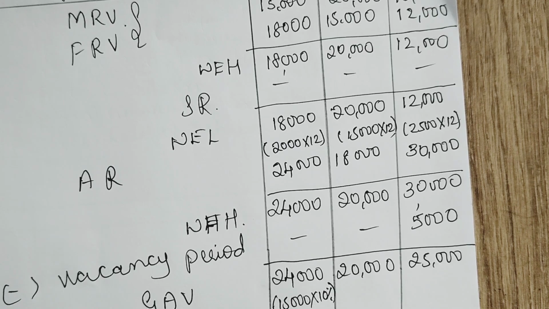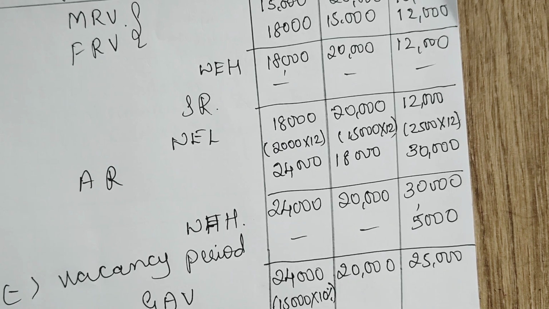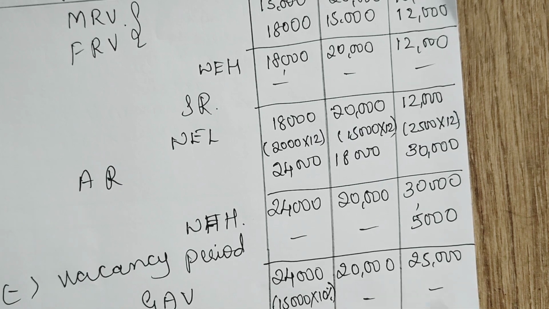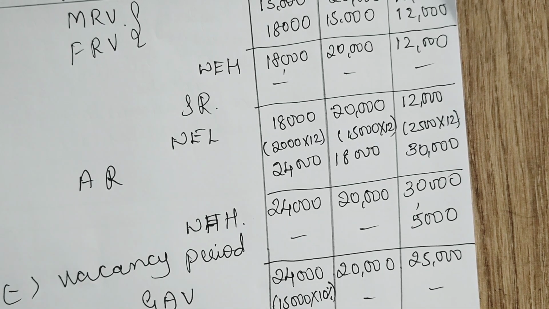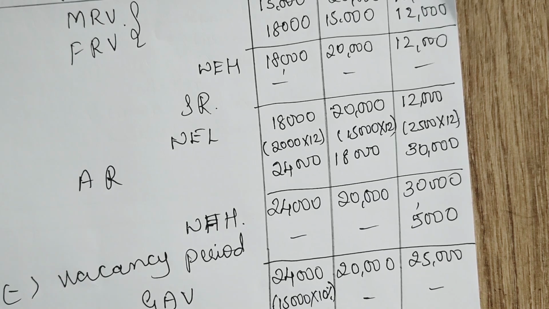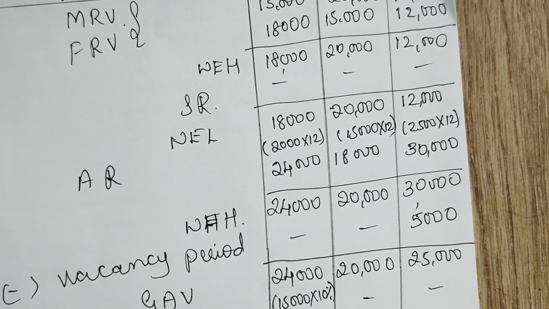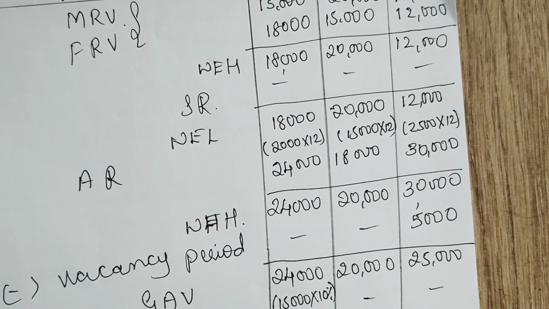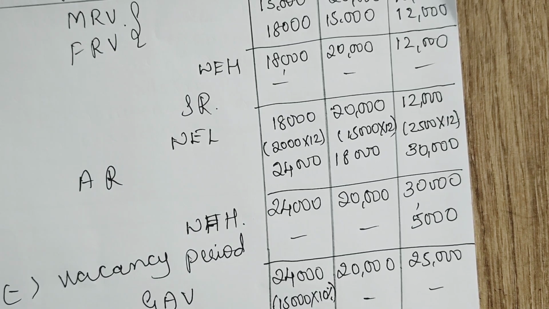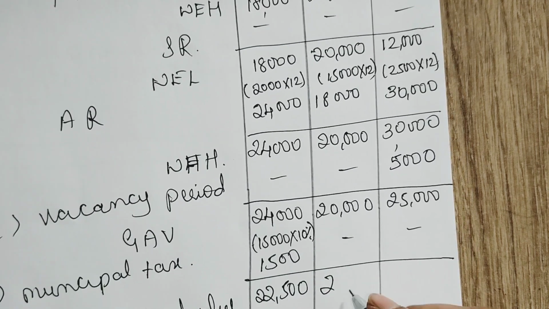Only for house A it is 1,500. House B, house C it is not there. Net annual value is 24,000 minus 1,500 is 22,500, 20,000, 25,000.